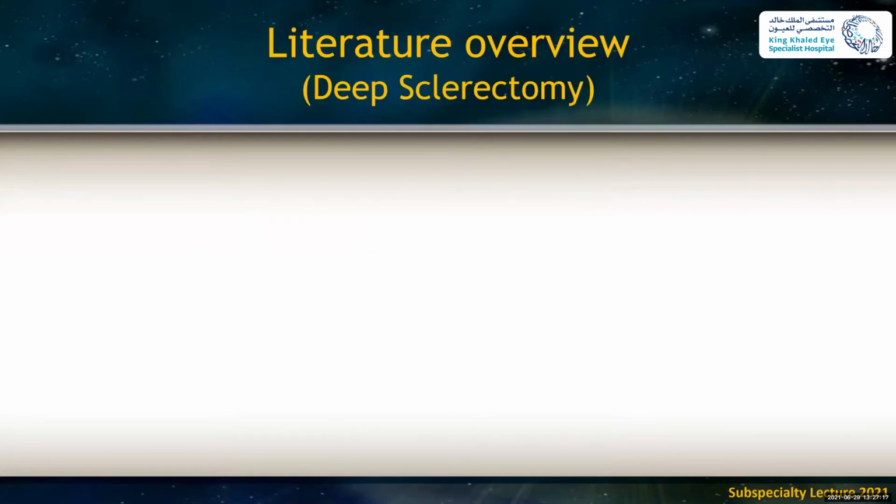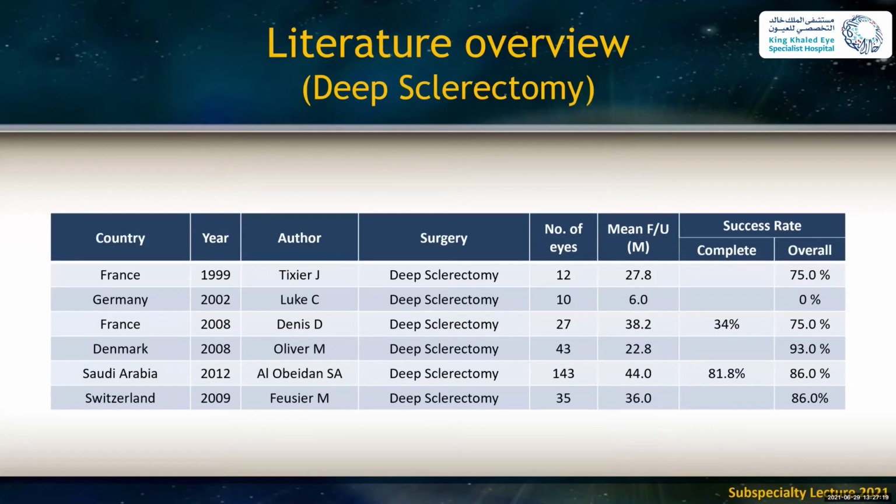So what is deep sclerectomy? What has been reported about deep sclerectomy results in congenital glaucoma? There are 6 or 7 studies. If we remove one from Germany by Luke, where his cases were actually not suitable for deep sclerectomy when you read the article, then the rest of the studies show an overall success rate that is similar, as you will see later, and the outcome is good.